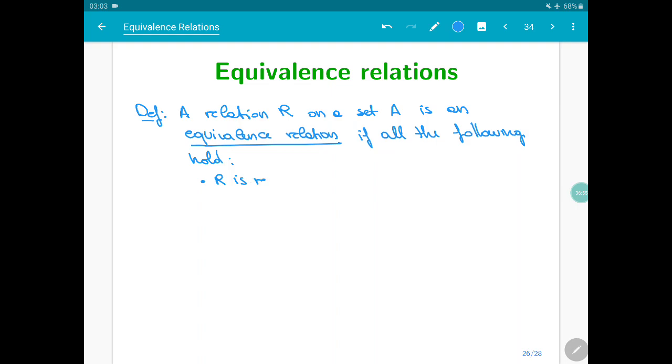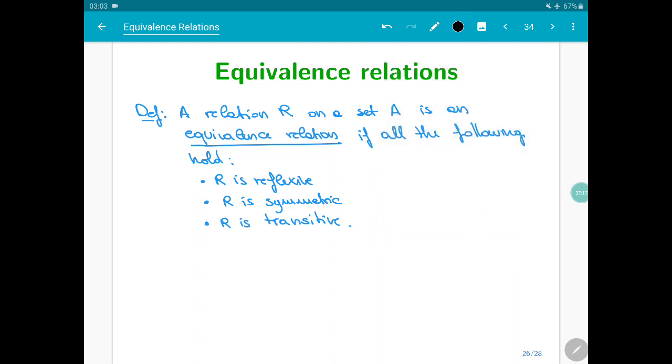R is reflexive. R is symmetric. And R is transitive. So R has all the properties that we've seen so far.